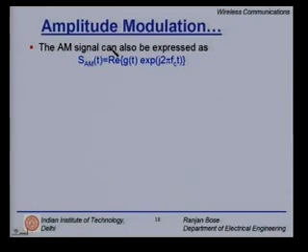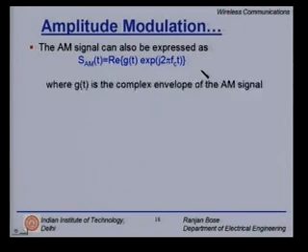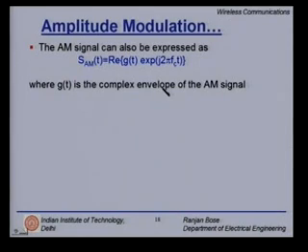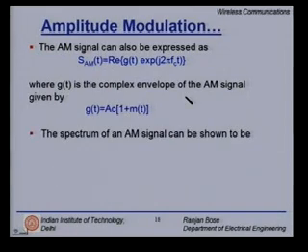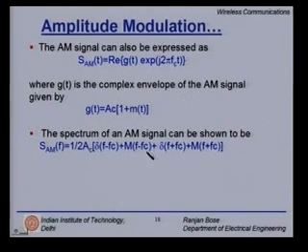The AM signal can also be expressed as follows in terms of a real part, then g(t) e raised to the power j 2 pi f_c t, where g(t) is the complex envelope of the AM signal, given by g(t) equal to A_c (1 + m(t)). The spectrum of an AM signal can be shown to be as follows.